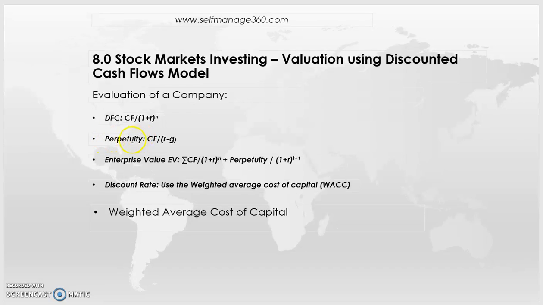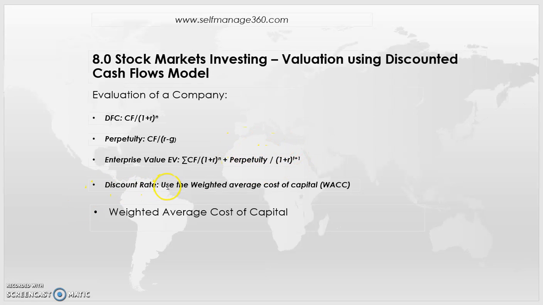You have to add back the perpetuity, sorry about that, which is the cash flow for hypothetical year 6, that you divide by the discount rate minus the growth rate you expect. And the enterprise value is the sum of the 4 or 5 discounted cash flows plus the discounted perpetuity value.